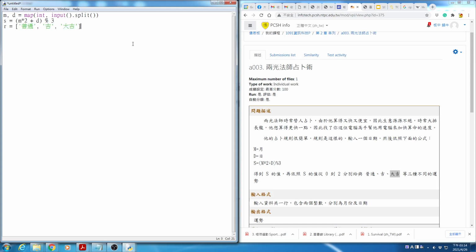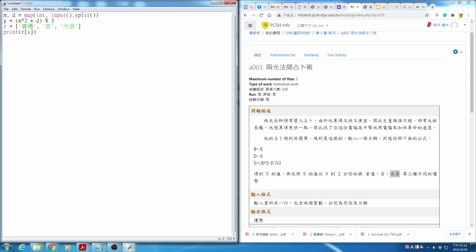Okay, here's a list. And then I will simply print out R[S]. If you have the result of S as 0, then R[S] means R[0], right? And what is R[0]? It's ordinary, right?